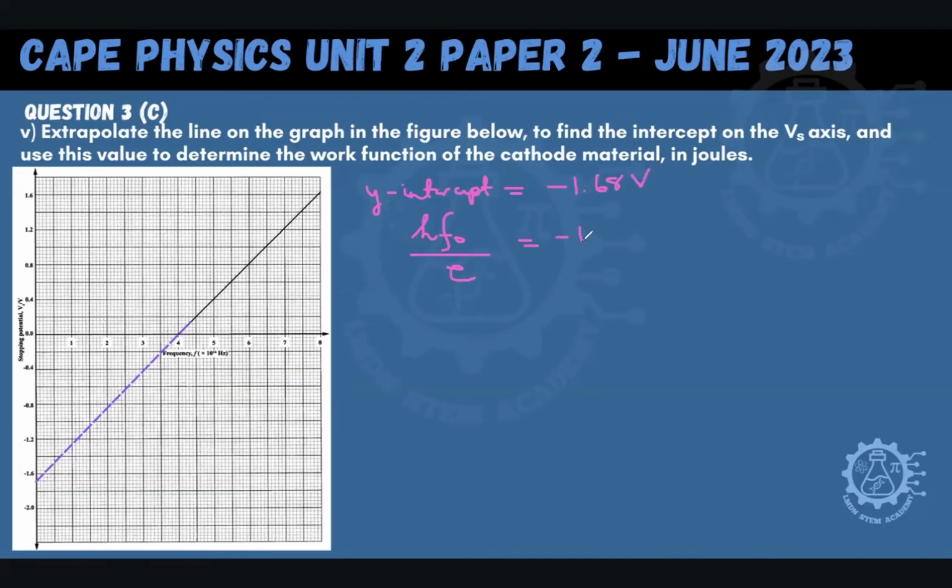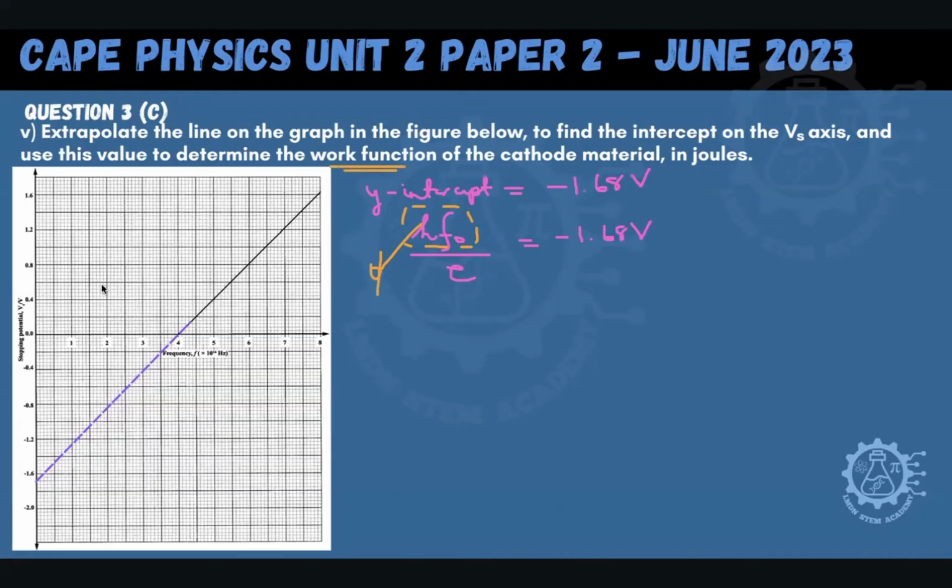So that's going to be equivalent to this value that I got. Now look at this nice shiny thing at the top. That is our work function. So all we have to do to find the work function is make this the subject and then bring over the e.